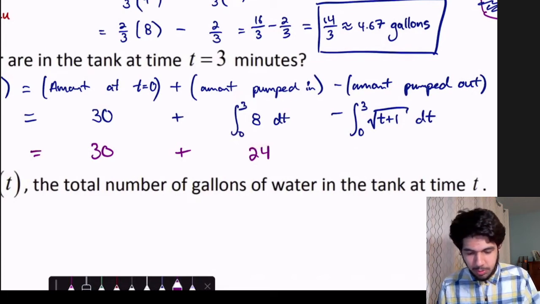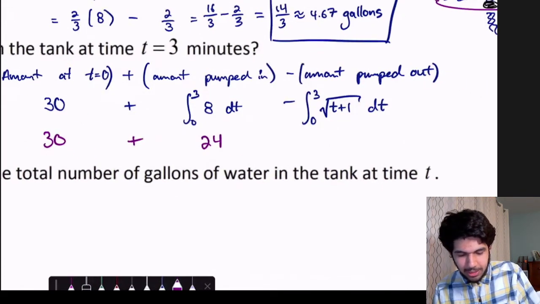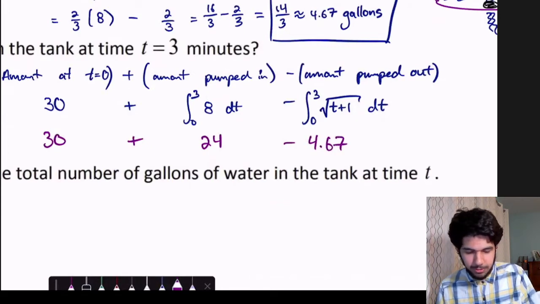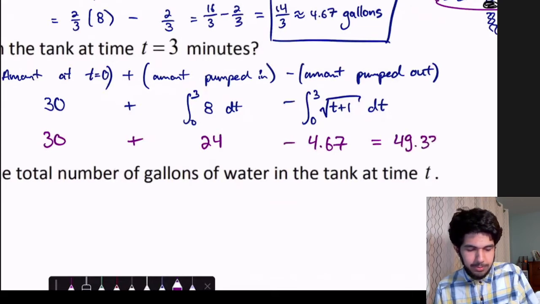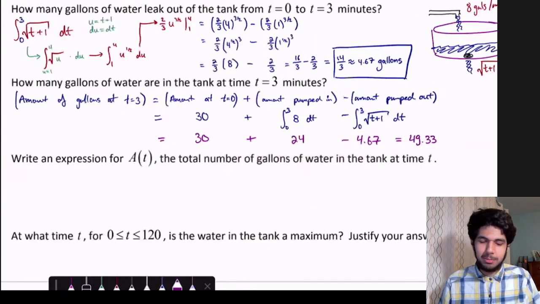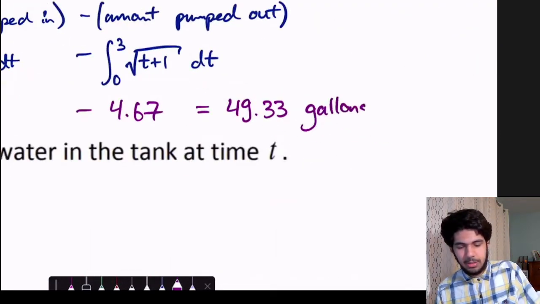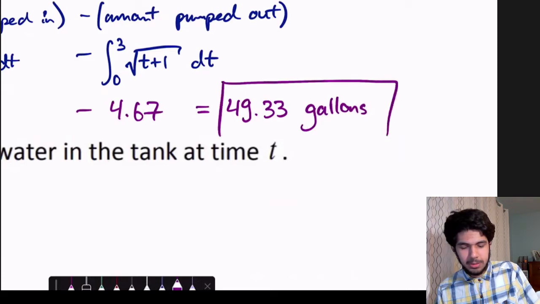And then for the last one, well, we just solved for that in the previous part. That was approximately 4.67. And now just solving for this gives us 49.33. And again, we need the appropriate units. This is asking for how many gallons of water, so our units would be gallons. And that's the answer to part B.